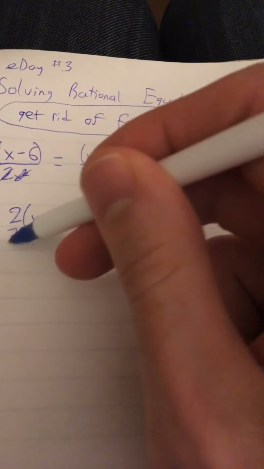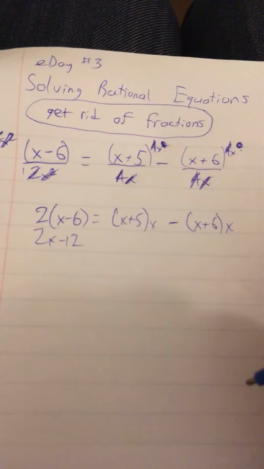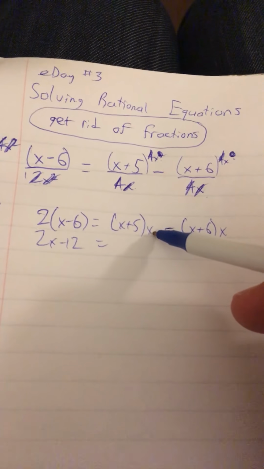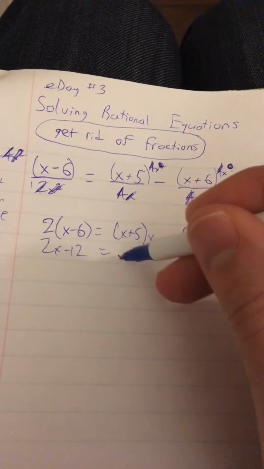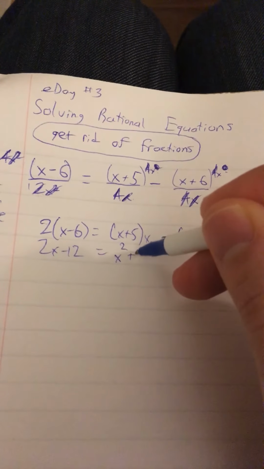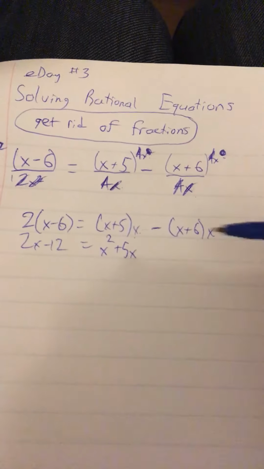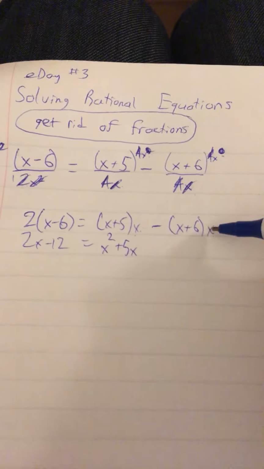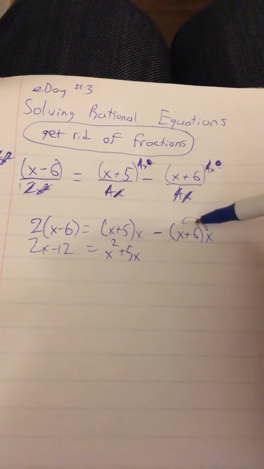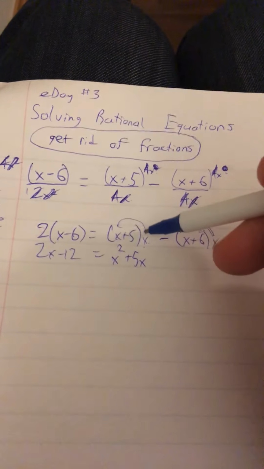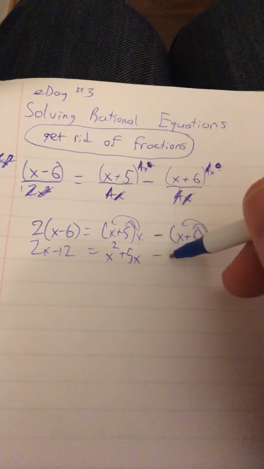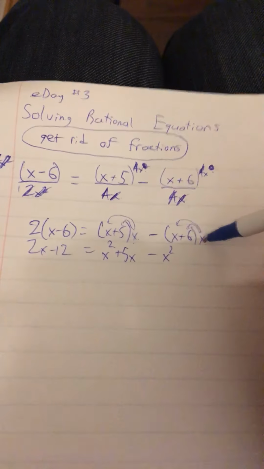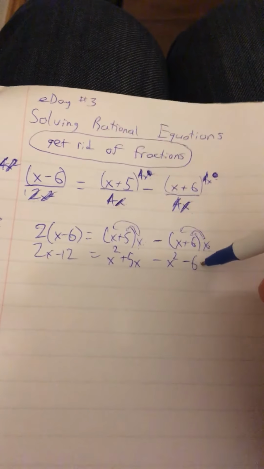Distribute the 2. I get 2x minus 12 equals, now this x has to be distributed. X times x would be x squared plus 5x minus, well, again, one term next to 2. Distribute this x. Distribute it here too. Okay, minus x squared. That's a positive 6x, but there's a minus in front.